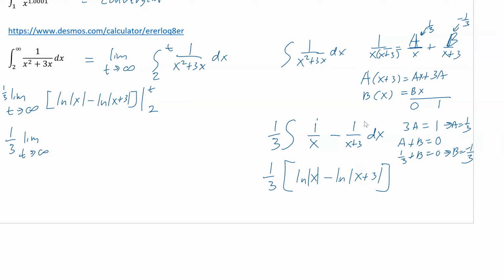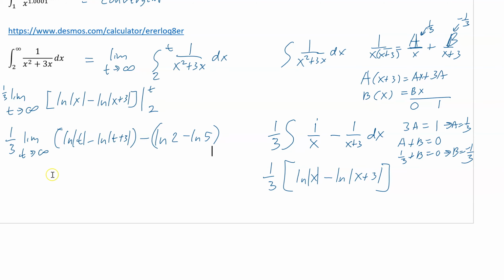So we're going to plug the t in first, and so that would become ln t minus ln of t plus 3, minus ln of 2, put it in parentheses, minus ln of 5, like that. So 2 would go in, 2 plus 3 is 5.